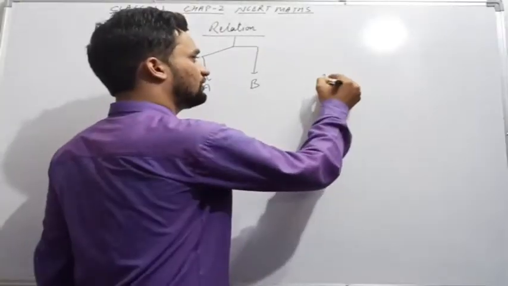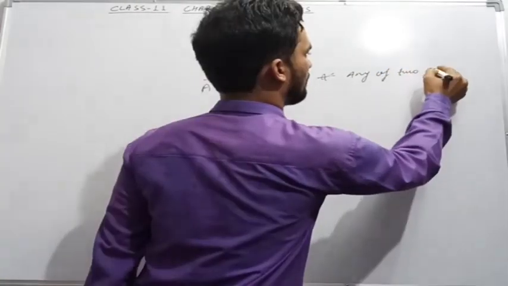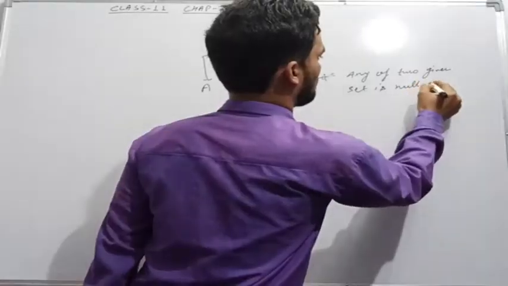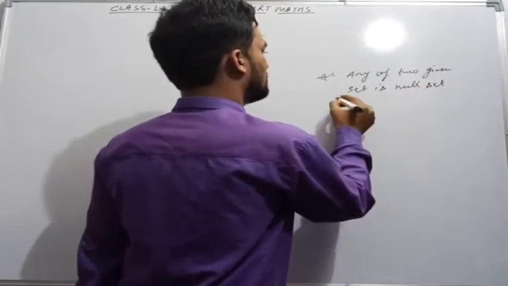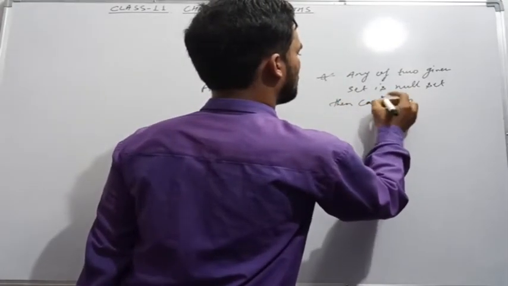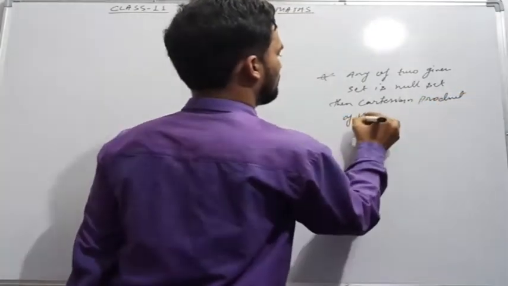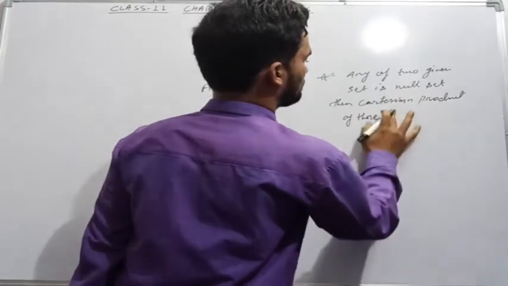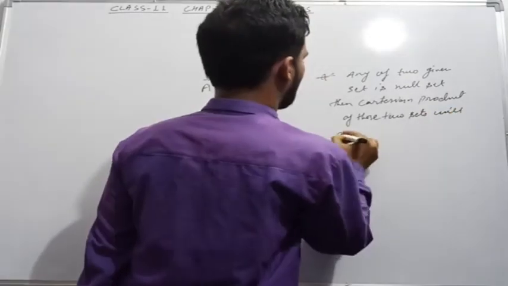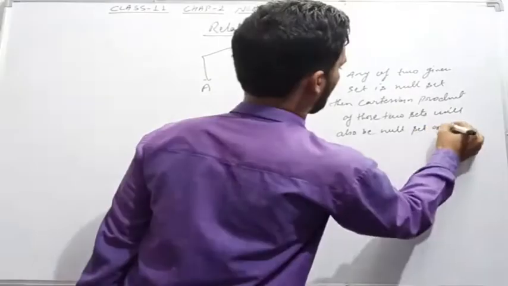Make sure if any of two given sets is a null set or empty set, then the Cartesian product of those two sets will also be null set or phi.